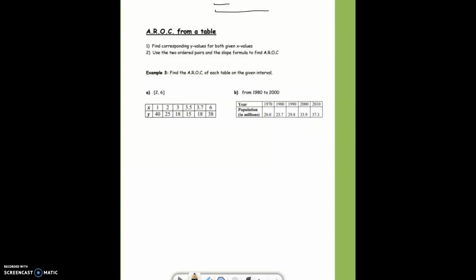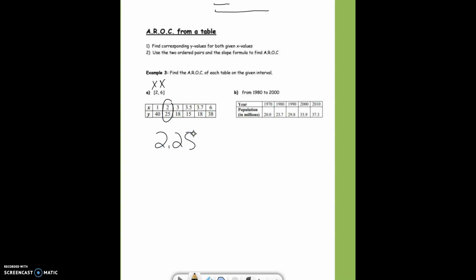Okay? So again, another way of doing this. All right, so our last part here is getting the average rate of change from a table. And again, these are my X values. I need my Y values, so we're going to find this one, which is 25.